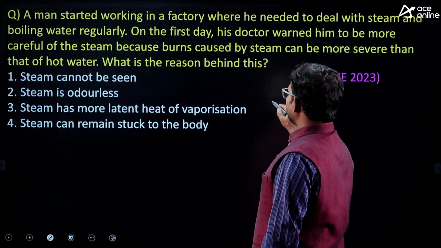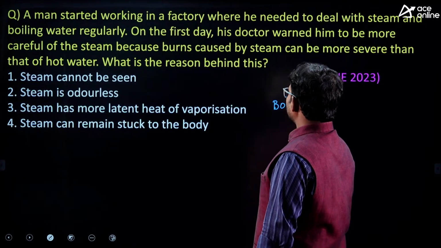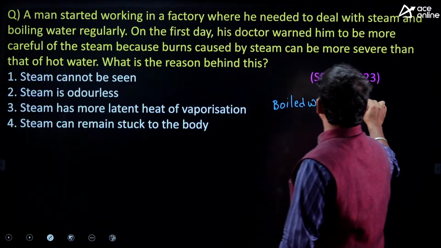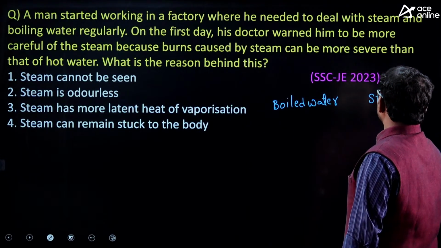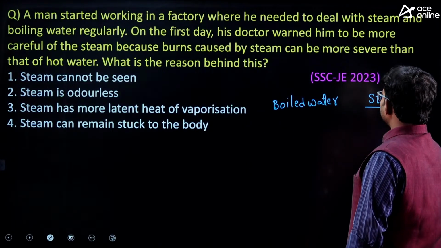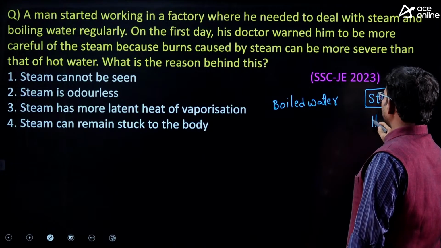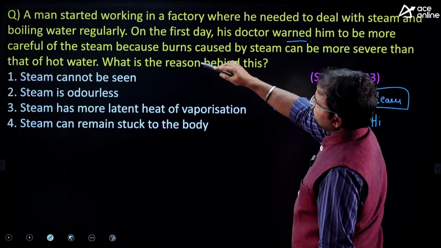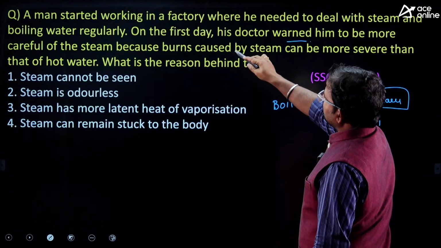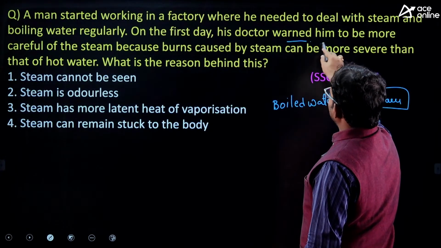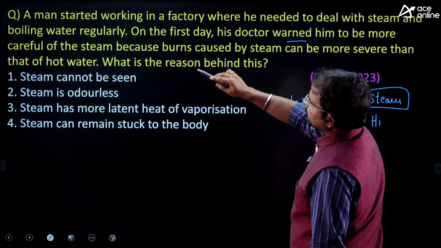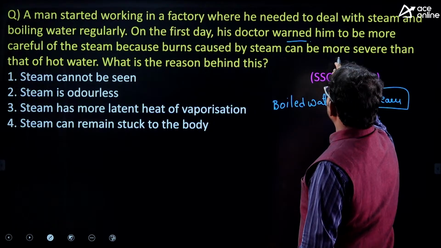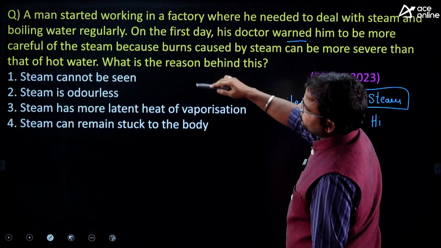So here, if you consider boiled water and steam, in this concept the steam has a high temperature. Here you can observe that burns caused by steam can be more severe than those of hot water.